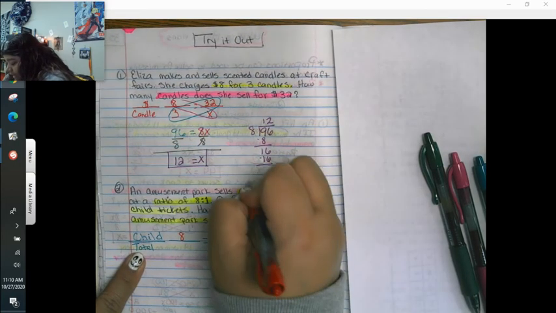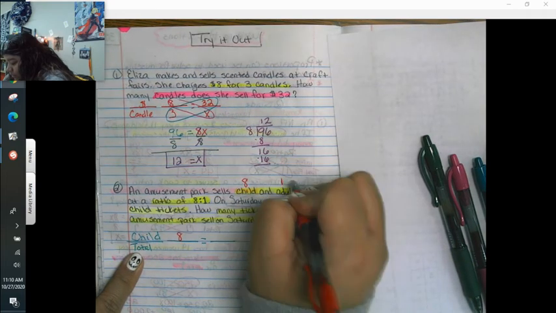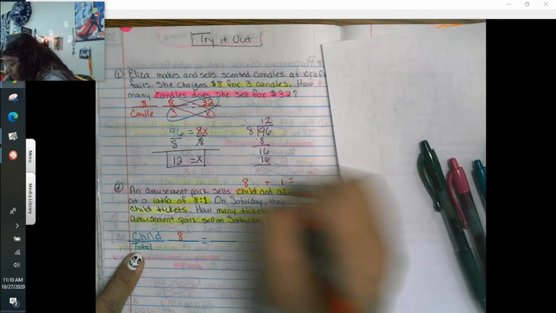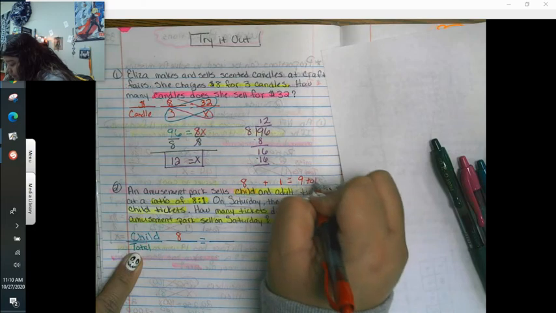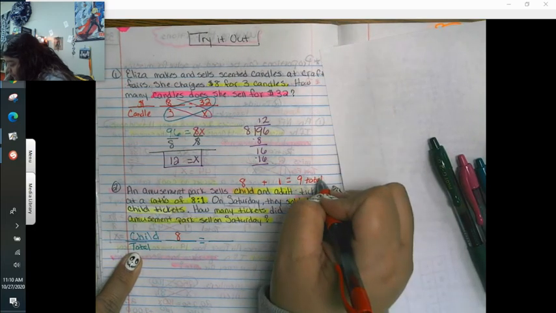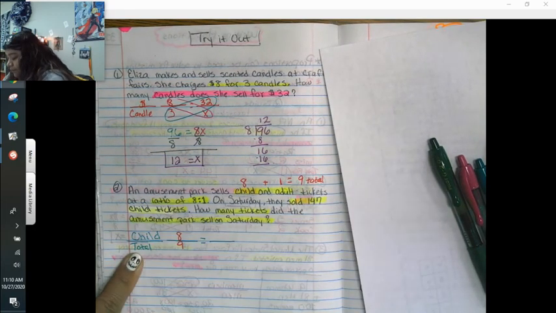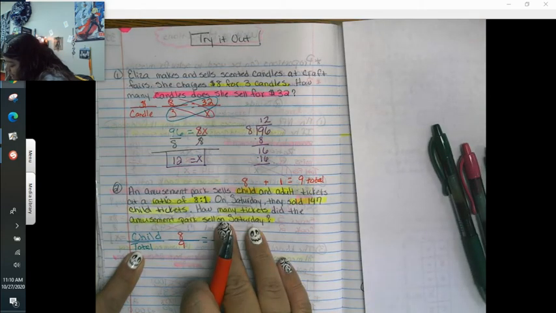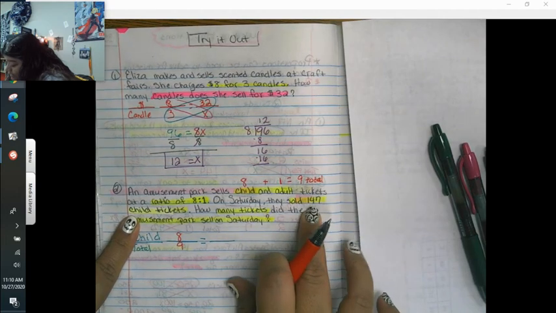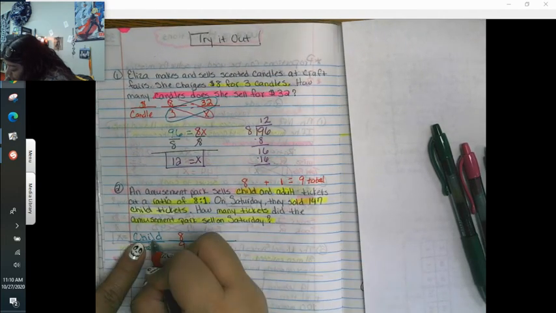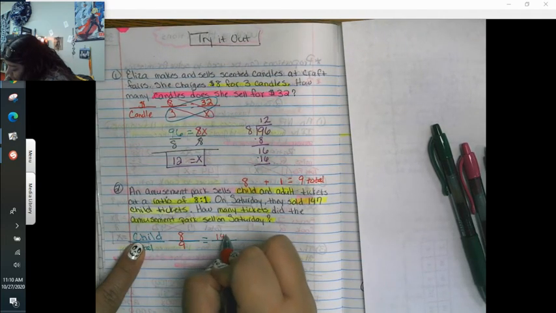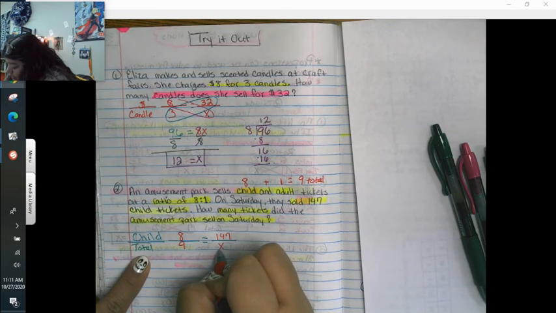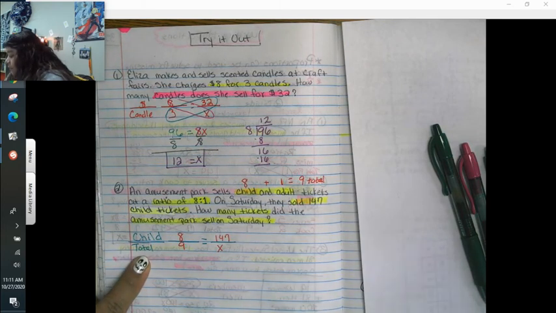So if I have 8 children and 1 adult, what is that total? 9 total. So I'm going to put the 9 there. Now let's keep on reading. On Saturday, they sold 147 child tickets. So on the child, I'm going to put 147. And then want to know how many total tickets were sold on that day.